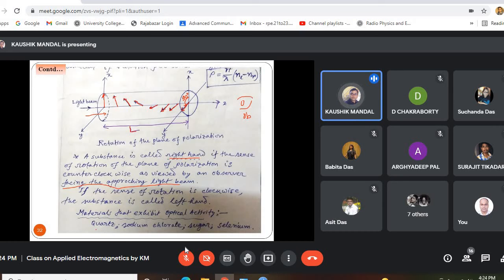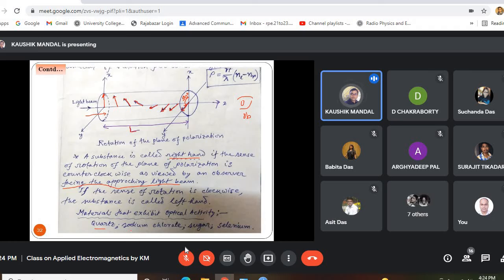So these are the different materials that basically exhibit the optical activity. So what do you mean by optical activity? Optical activity means simply the rotation of plane of polarization when the wave passes through such kind of materials. Suppose the light is passing through a material where the plane of polarization is not rotating, then the corresponding material will not be called optically active.